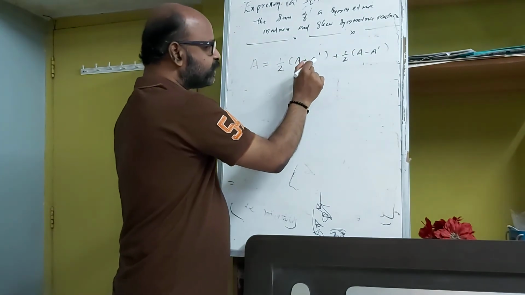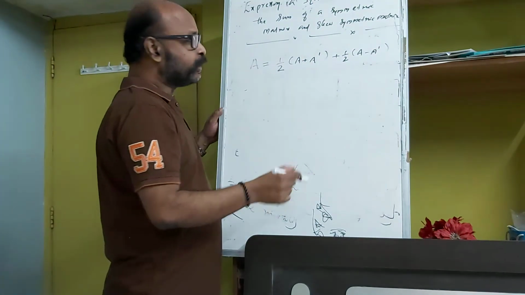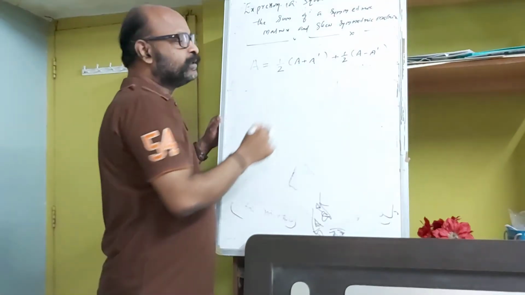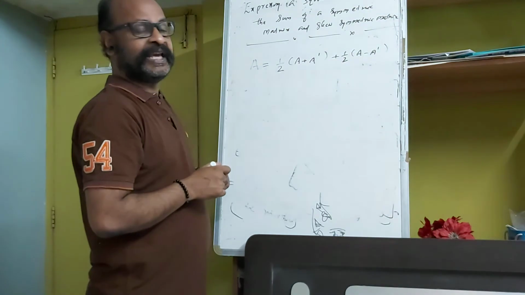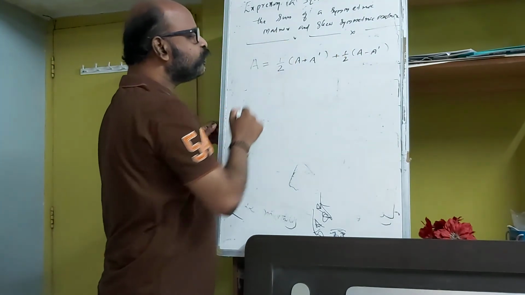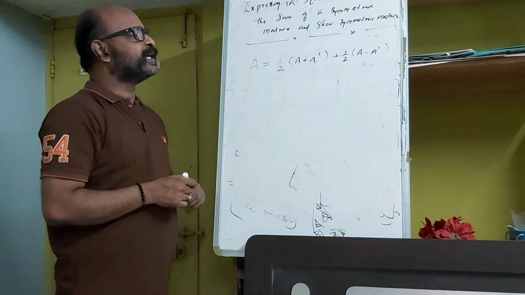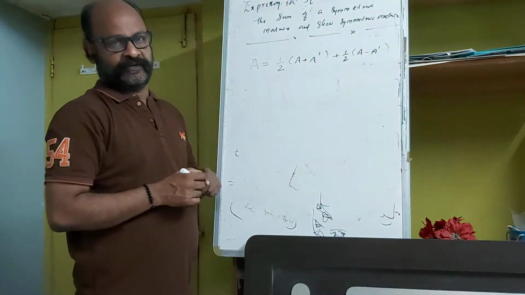The A transpose and minus A transpose get nullified. The remaining is A plus A, that is 2A, that is half into 2A. So what will come? A. The meaning is that the simplified value of half into (A plus A transpose) plus half into (A minus A transpose) is nothing but the matrix A itself.